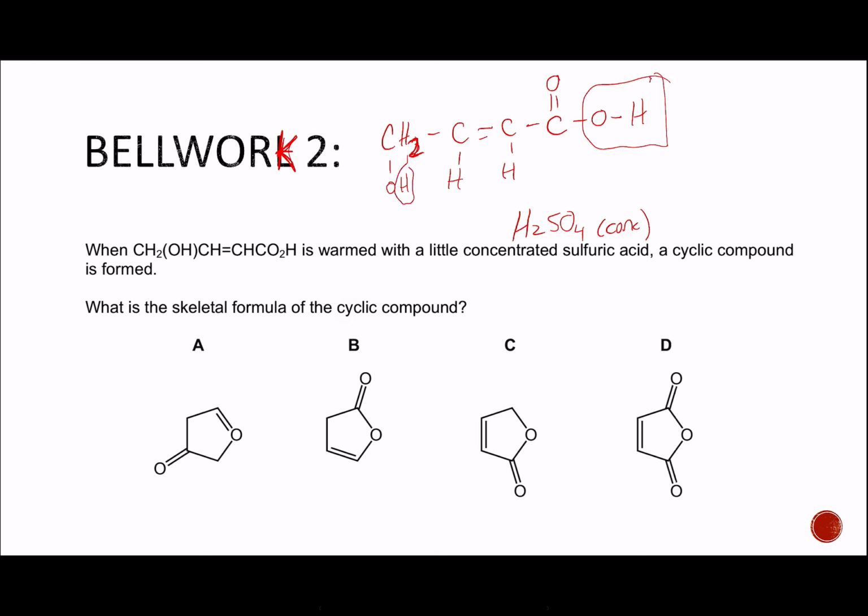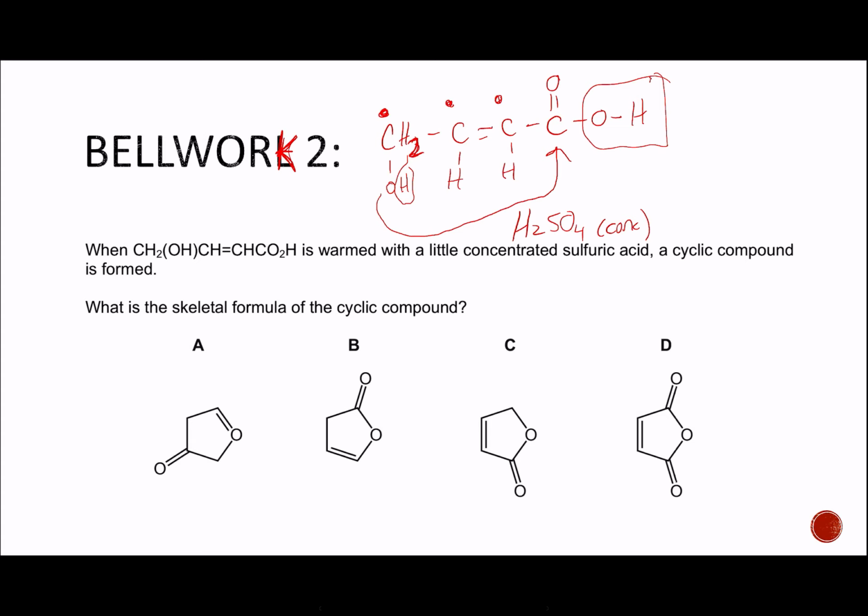So let's see if we can trace the steps. The oxygen from the alcohol bond would go to the carbon with the double bond oxygen. There would be a carbon, a single bond, and then a carbon with a double bond. And there should be altogether 4 carbons in your ring.